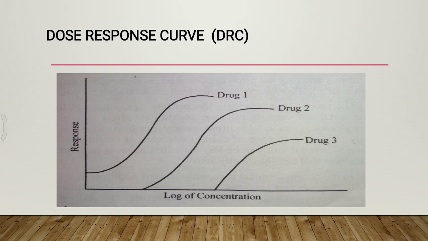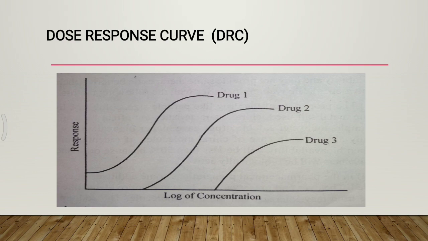Then the dose response curve for the second drug can provide a full response only at a higher concentration than that required for drug first.